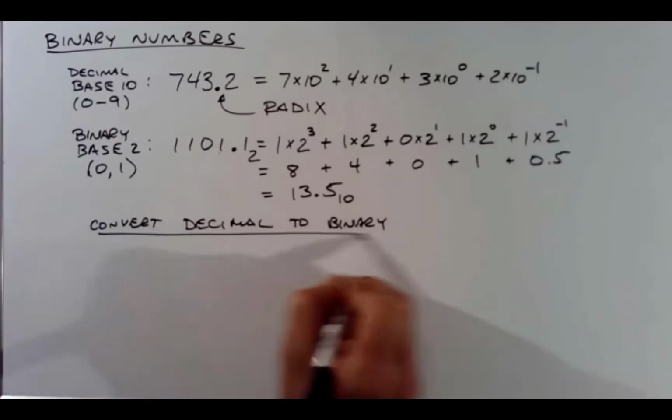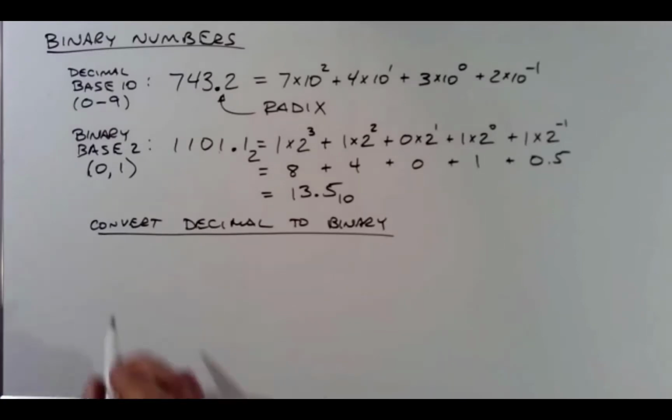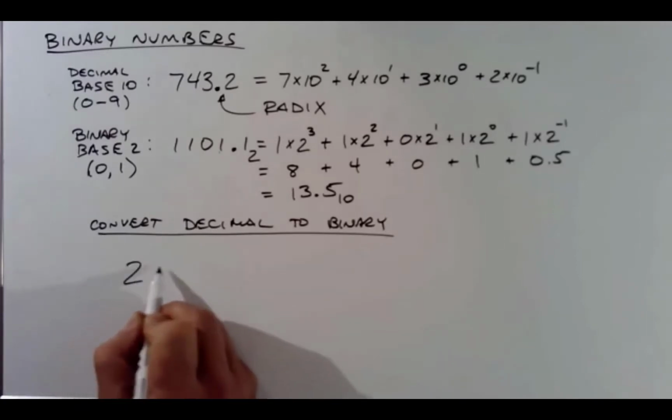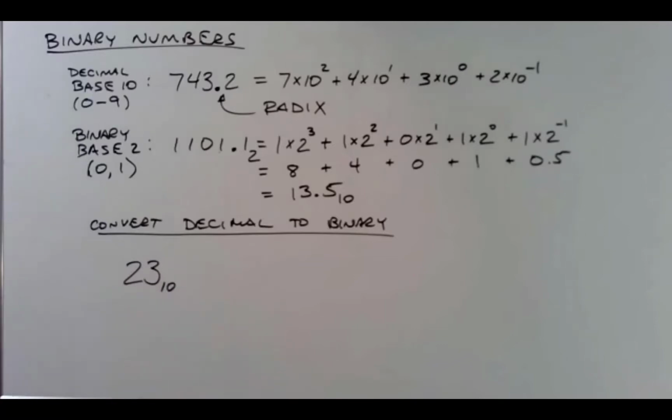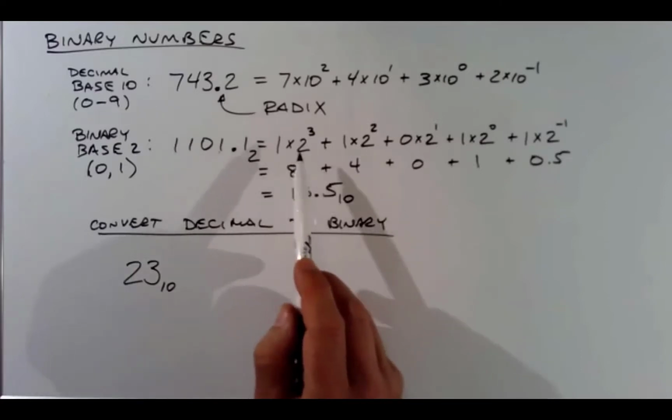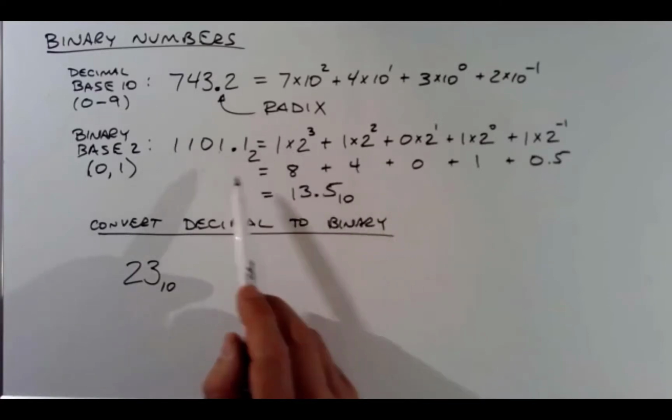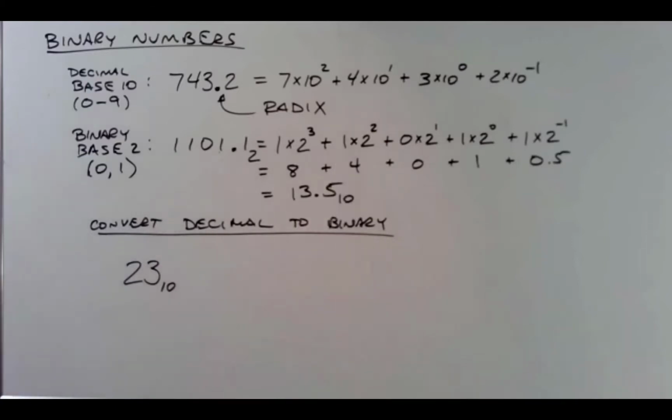Let's suppose I have a number, 23 base 10, and I want to convert that to binary. Well, if you noticed up above, you were creating a number out of powers of 2.